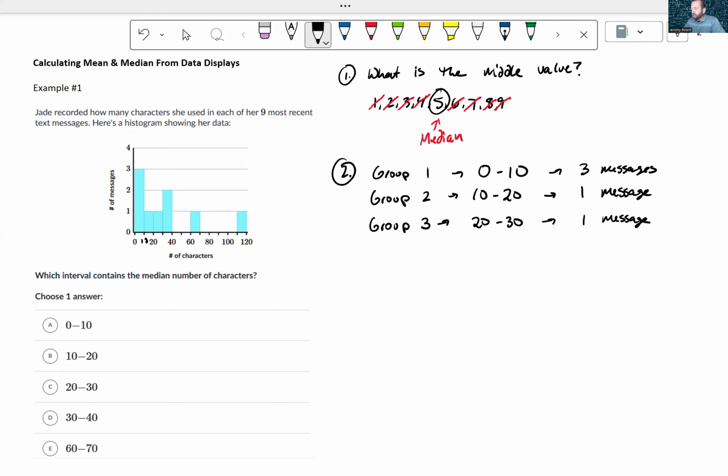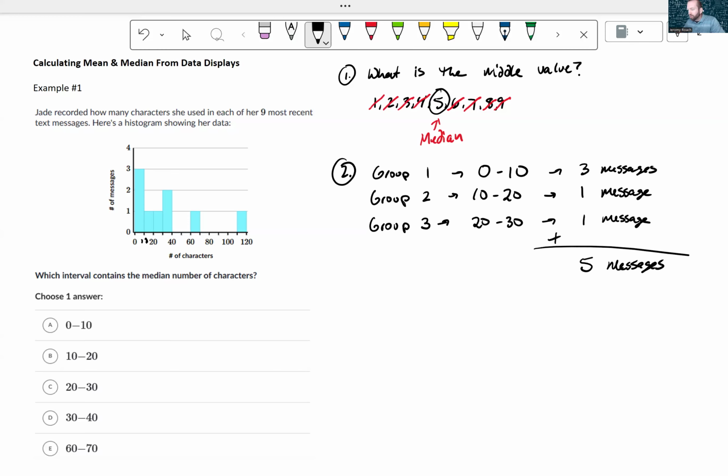So if we were writing all this out and adding together these groups, we want to get to 5. In this case, group 1, group 2, and group 3, if we total those together, that equals 5 messages. And we got that 5 by finding the median of 9, which is 5.